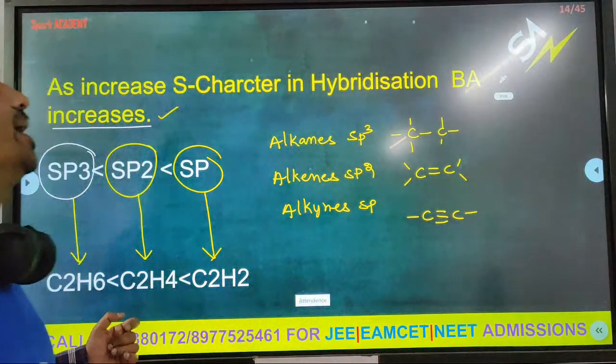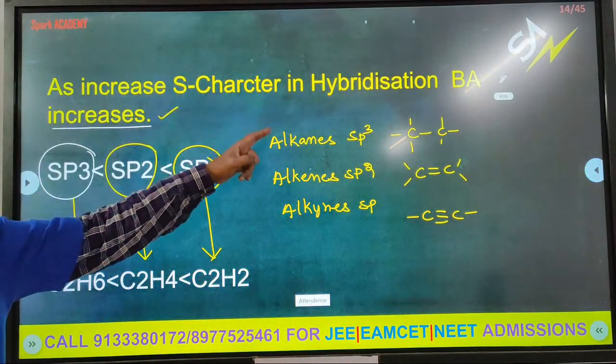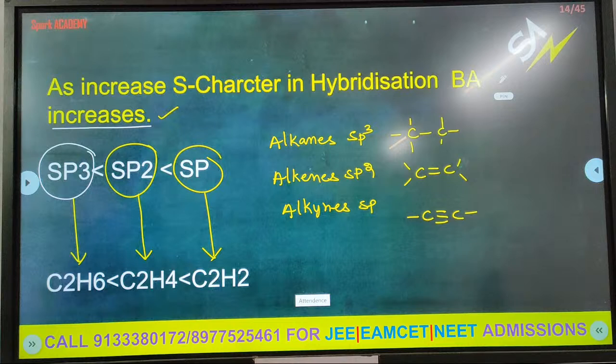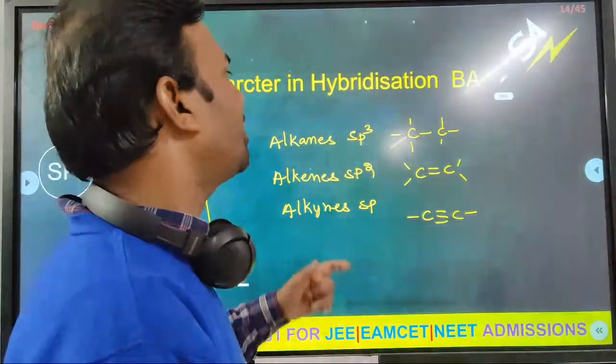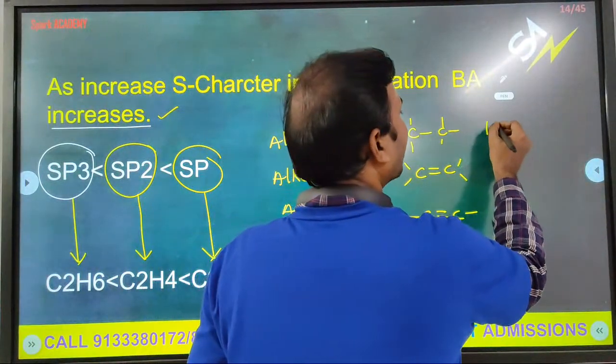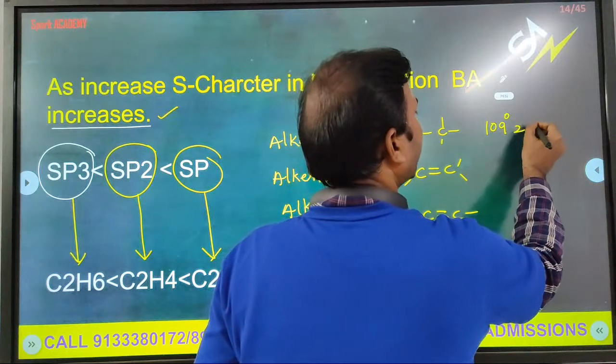Now the statement: as the s character increases, the bond angle increases. What is the bond angle in the case of sp3? 109 degrees 28 minutes.